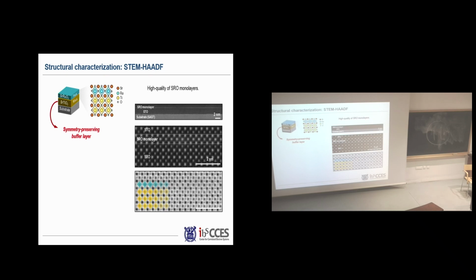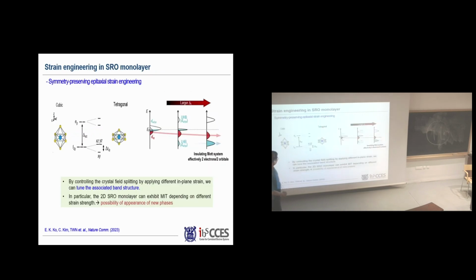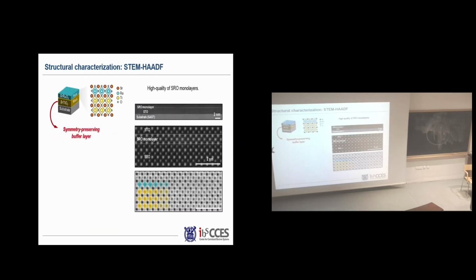Of course, there's a limitation in TEM observation, but still within our observation, they look pretty much the same. So we call this a symmetry-preserving buffer layer. By using this technique, we can grow the films with different lattice constants, but the octahedral rotations are pretty much similar. So that's the strain engineering we try to push.